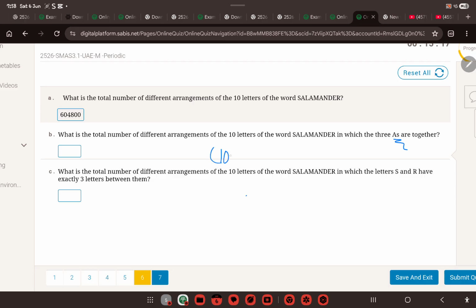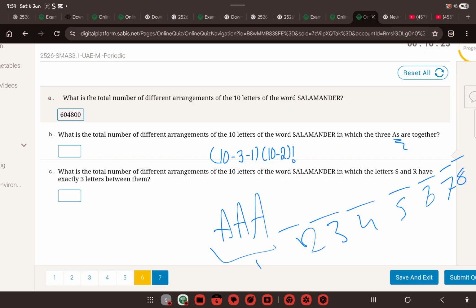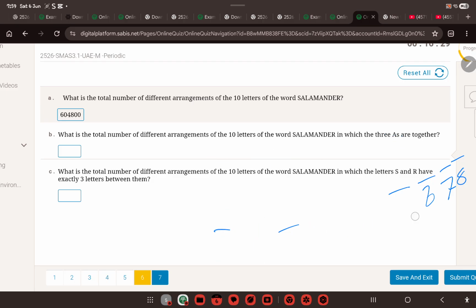Oh my bad, the 3 A's are together, but there's nothing between them, so you can just draw it out. The A's form one block, then we have 8 items, which is 8 factorial. You get 40320.